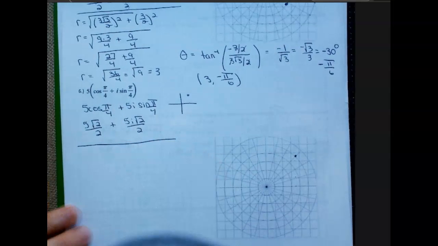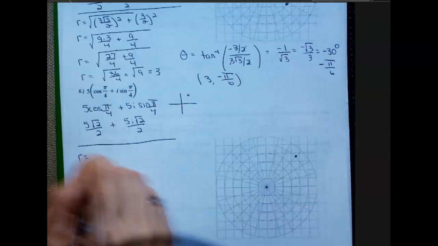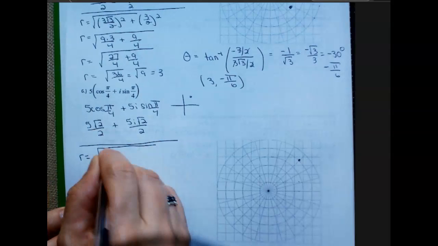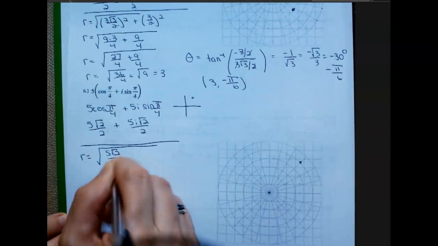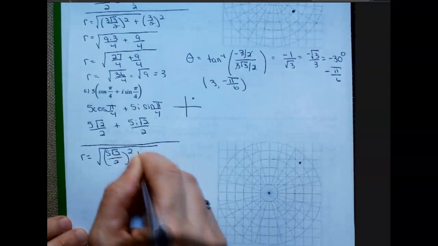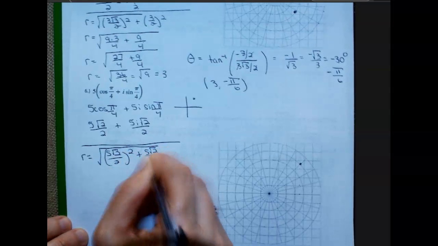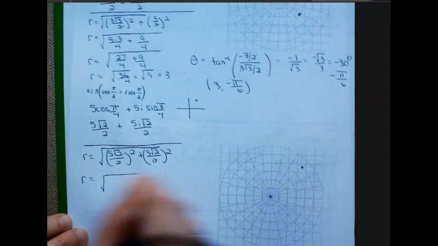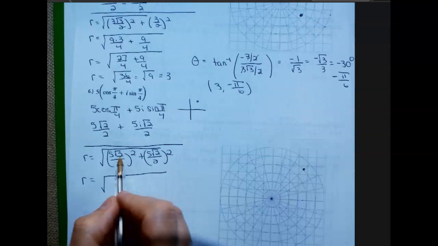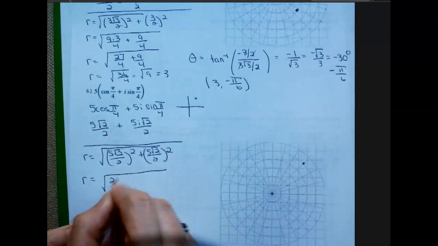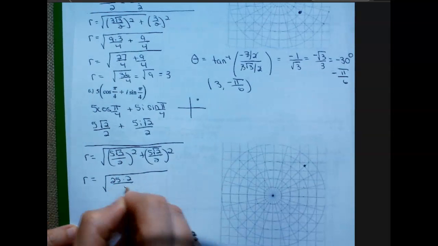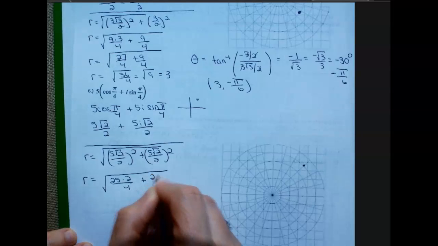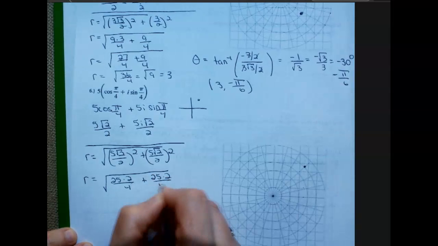So the first thing I need to do is find the magnitude. Again, I'm taking each one of those coordinates and I'm squaring it. All right, so I've got 5 squared and radical 2 squared, so that would be 25 times 2 over 4, plus another 25 times 2 over 4.